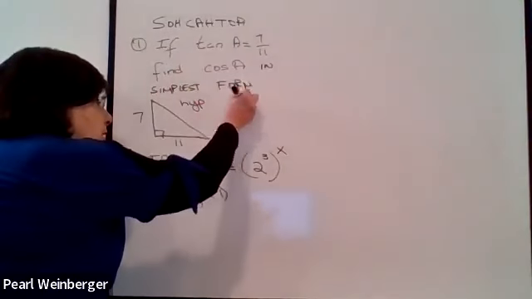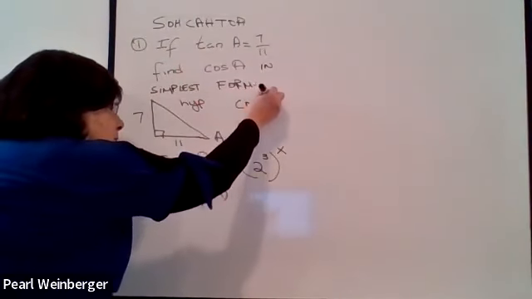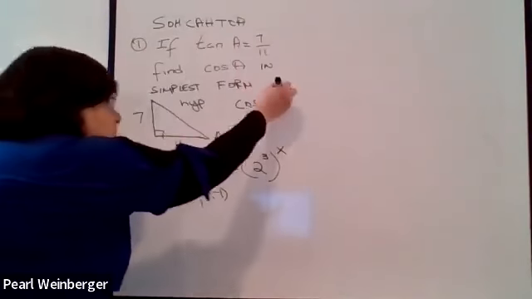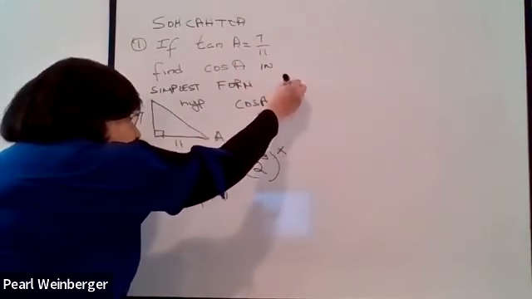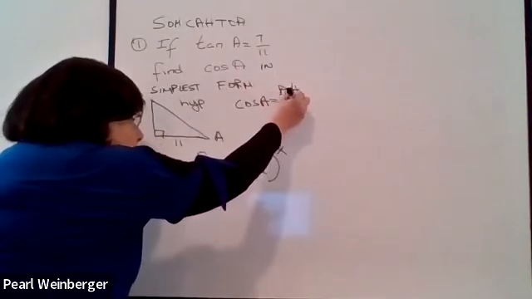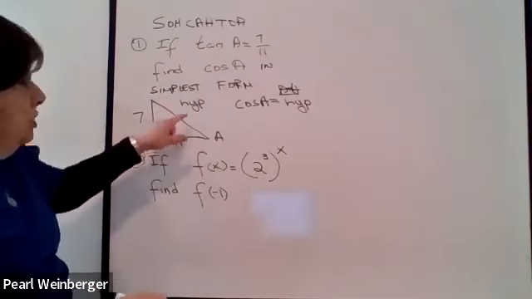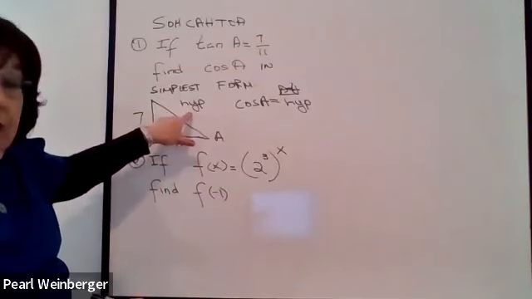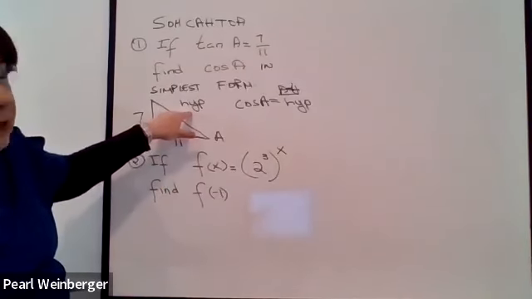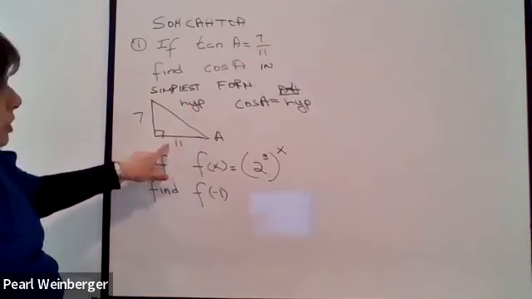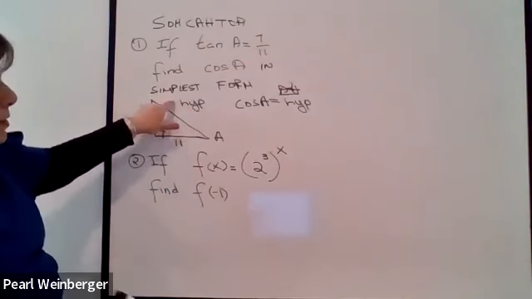Now the cosine is the adjacent over the hypotenuse. So in order to do this, what we have to figure out is what is the hypotenuse. We know the adjacent is 11. What is the hypotenuse?